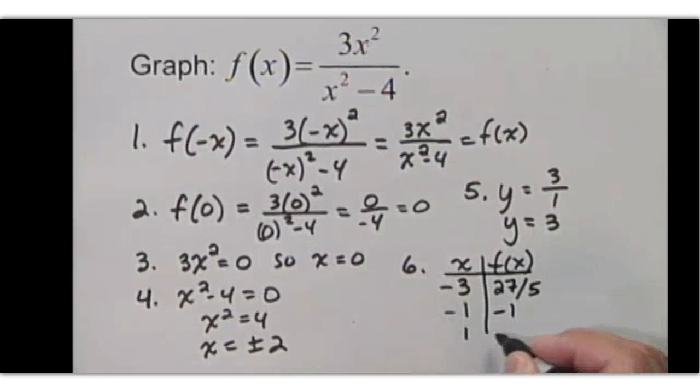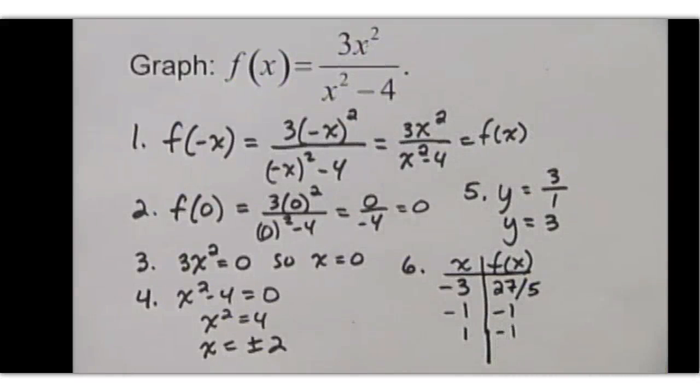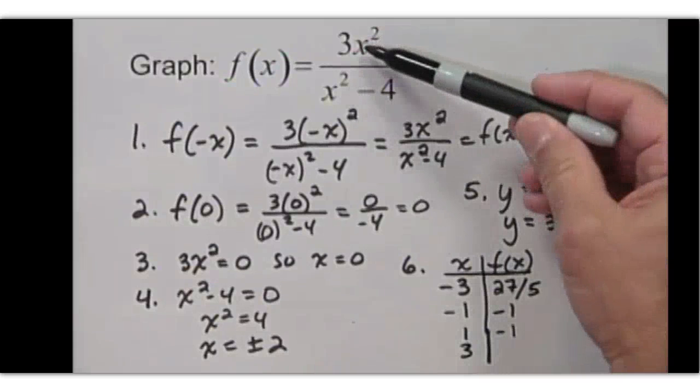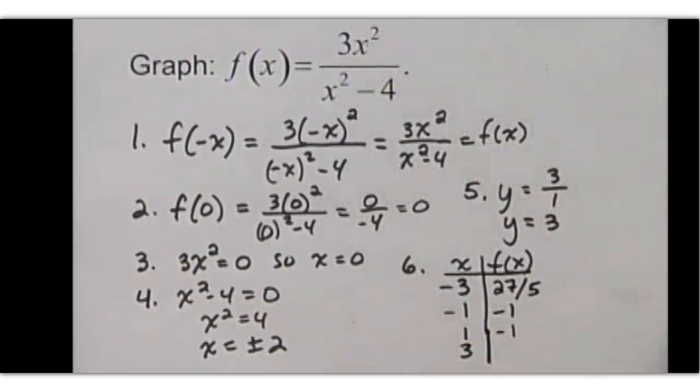Let's now substitute in +1. And when I substitute in +1 here and here, the result is -1. Then I'm going to substitute in +3 for x here and here, and my result is 27/5.